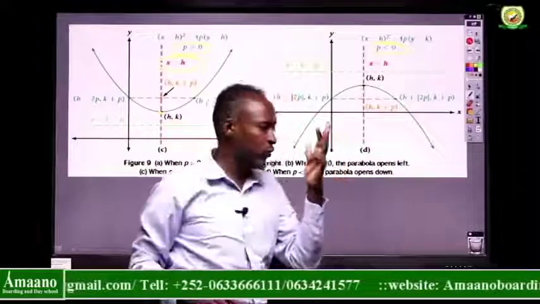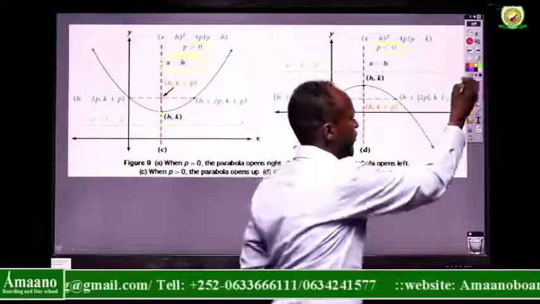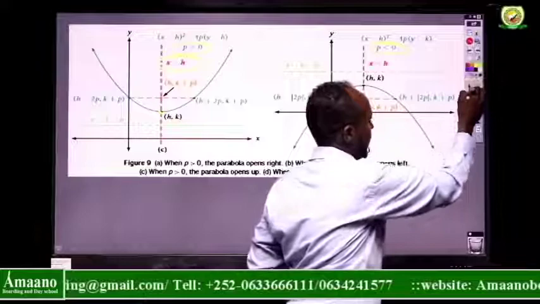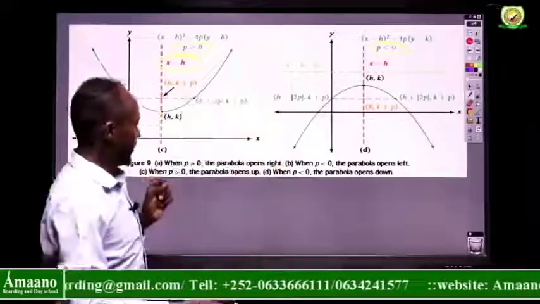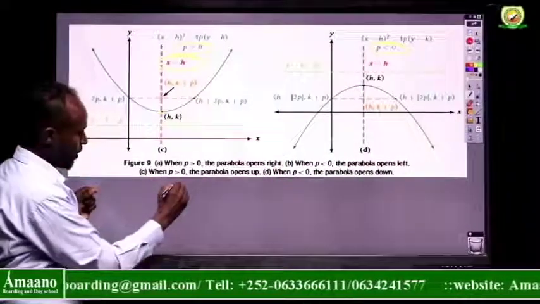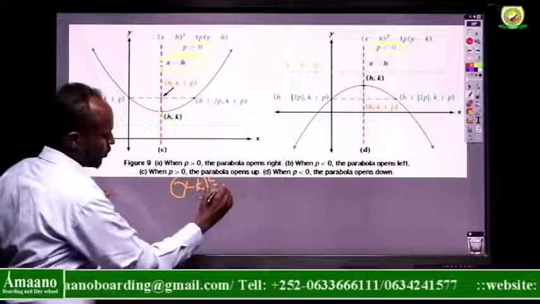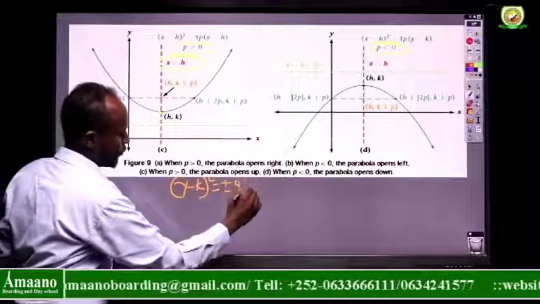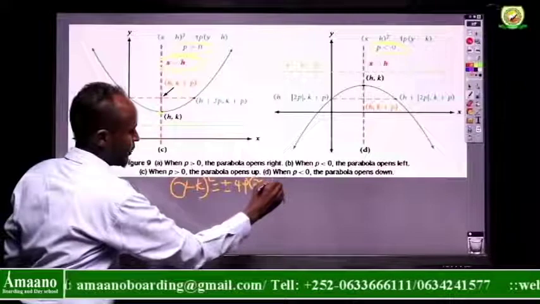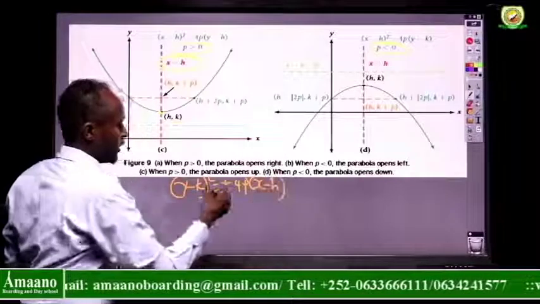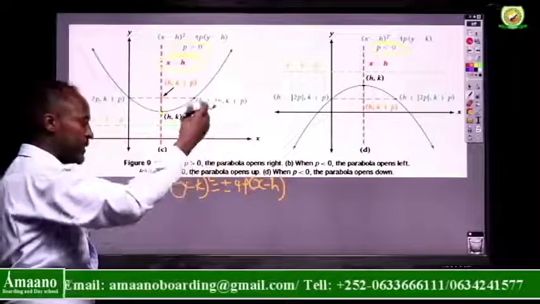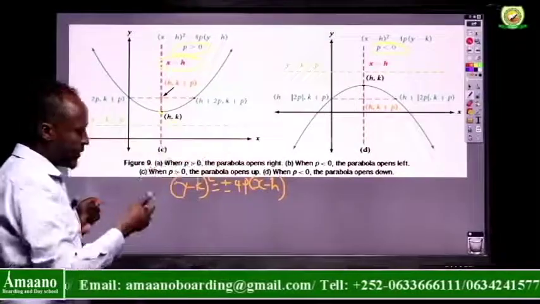Therefore, we have 4 different formulas for the translated parabolas. We have these formulas. (y minus k) squared equals plus or minus 4p times (x minus h). This is the equation of a parabola which is facing right side or left side.